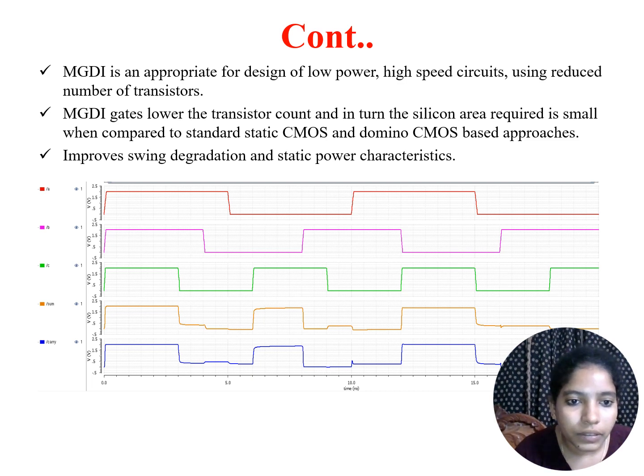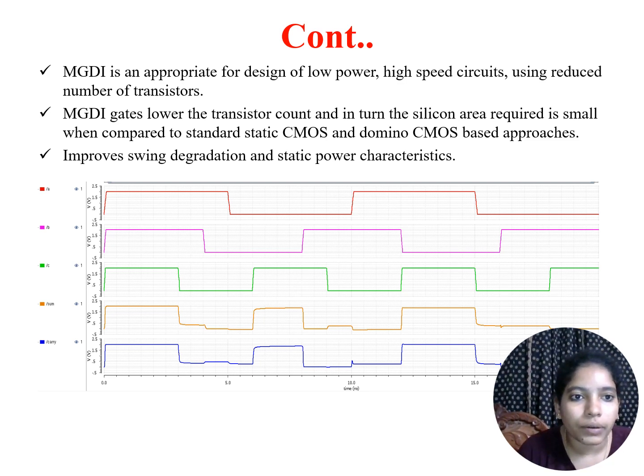If we observe this output, it improves the swing degradation. Previously, in the GDI technique there was a swing degradation in the output, but using the modified GDI technique we implement the full adder with 8 transistors, and the output shows an improved swing.